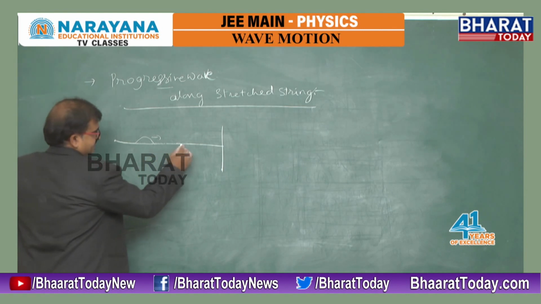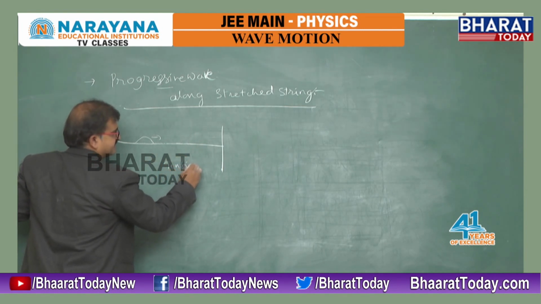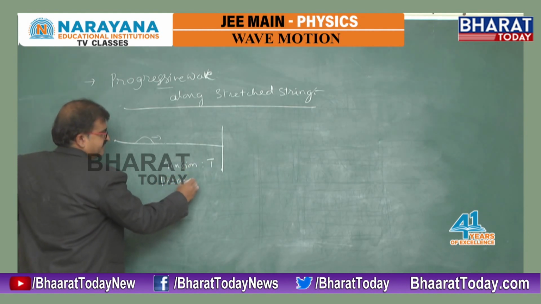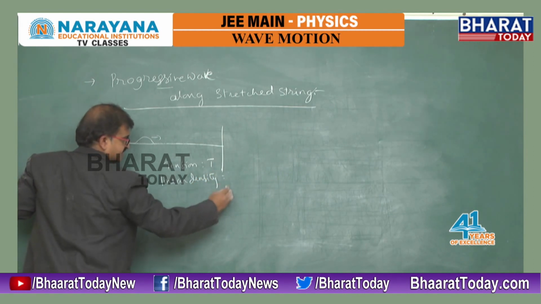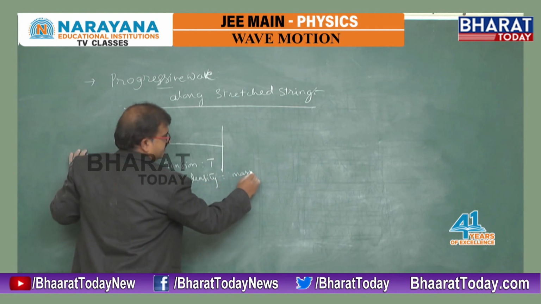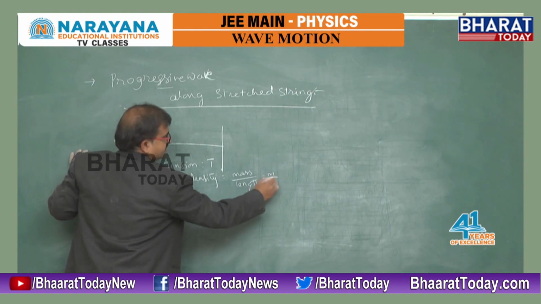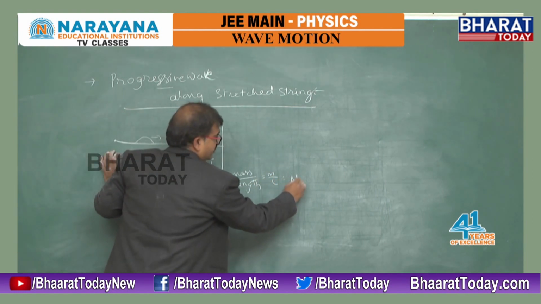Here, the tension in the string is taken as T, and the linear density of it, simply the mass per unit length, m by L, is taken as mu.